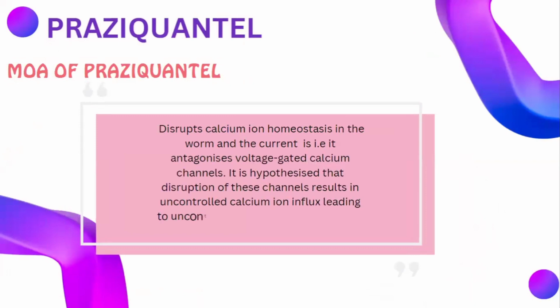The next drug is praziquantel. So, the main mechanism of action of praziquantel is quite similar to that of ivermectin, as it also disturbs the calcium ion homeostasis and antagonizes the voltage gated calcium channel, due to which the influx of calcium increases, uncontrolled influx of calcium occurs, which leads to muscle contraction and finally paralysis, which leads to death of the worm inside the host cell.